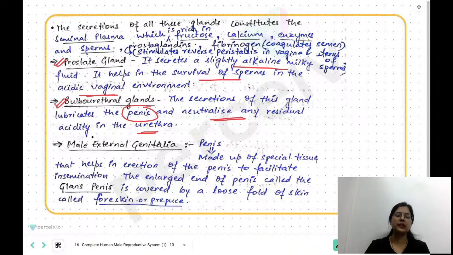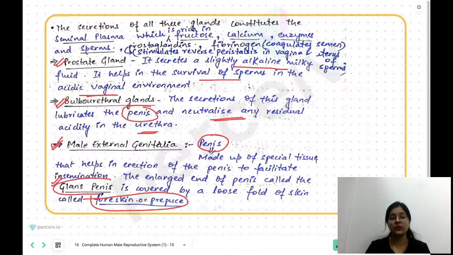Now the last part, if you're going to see, is the male external genitalia, and that is your this one, which is the penis part. Now penis का जो loose skin होता है, that is called as foreskin or prepuce, and its enlarged portion is called as the glans penis, which we have already seen in the model. हम लोगों ने जो मेल रिप्रोडक्टिव सिस्टम था उसके मॉडल में ऑलरेडी ये चीज देखा, that how this entire portion is being found.